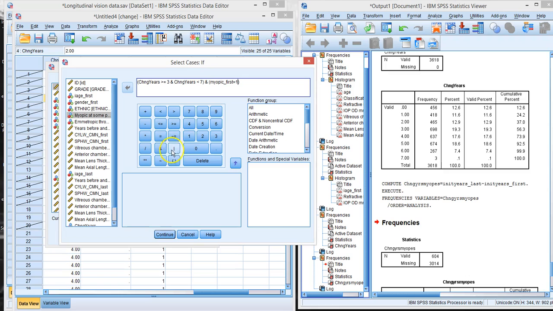And then this little vertical sign right here is or emmetrope equals 1. So we have a condition where we've followed them between 3 and 7 years, and they're either myopic or emmetropic.